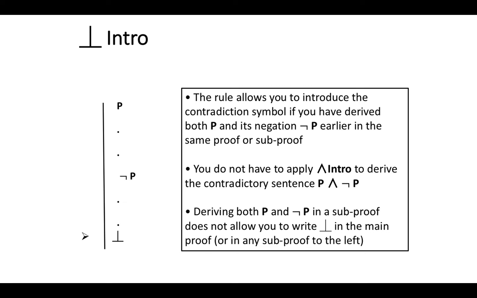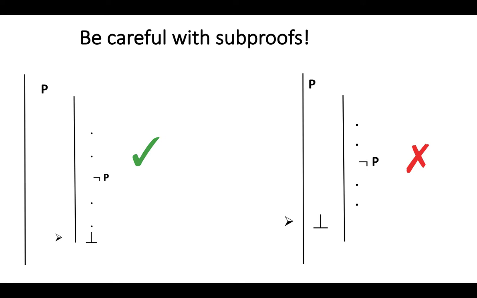Sometimes when you're doing formal proofs, you'll have multiple subproofs going on, and it's important to keep track of which is which. As I've said before, Fitch notation is really useful with that. Here's a quick visual illustration of what you can and cannot do. So the first attempt to introduce the contradiction symbol is perfectly fine. P is derived in a subproof to the left, or it might be the main proof if we have just one subproof. So it's still in force, as it were, in the subproof to the right.